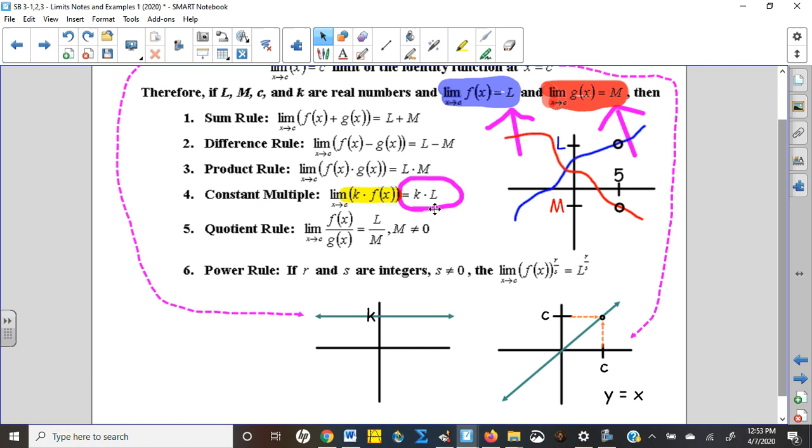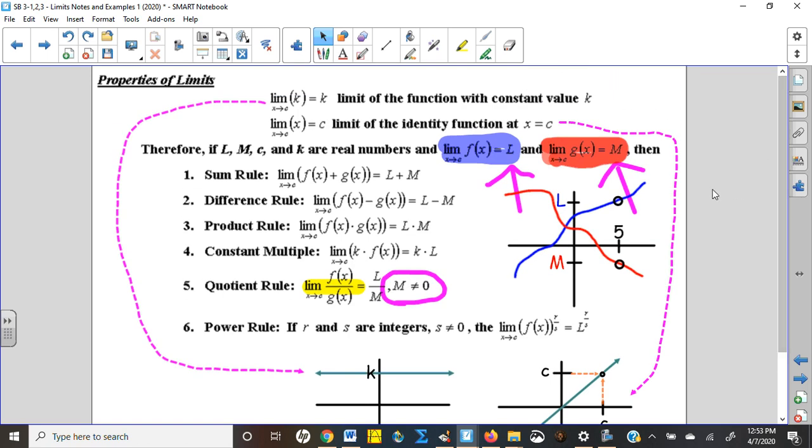Now, it's also true for quotients, but of course, we always have to be careful with quotients. With the denominator, right? The denominator is not equal to 0. So let me show you a couple examples of how these properties come into play. By the way, this is just an example here.